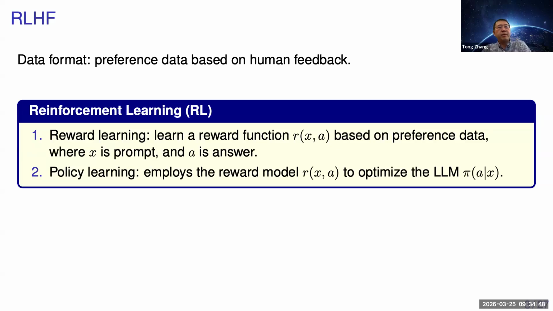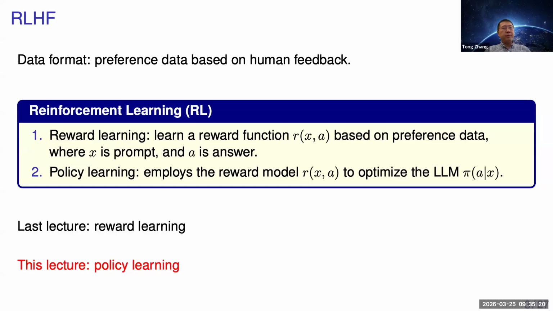Essentially, it's a conditional probability distribution: pi is a probability distribution of A, your response, given X, which is your prompt. So this is the notation. Recall that last time we mostly talked about reward modeling, and this time we will talk about policy. So this is what we plan to do.